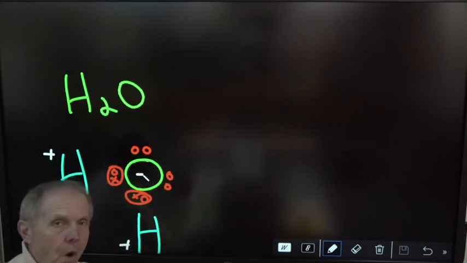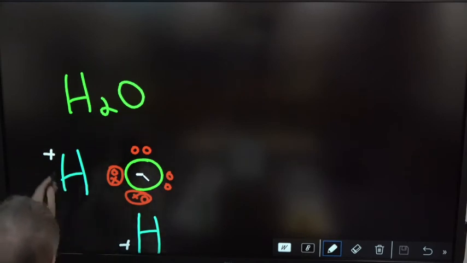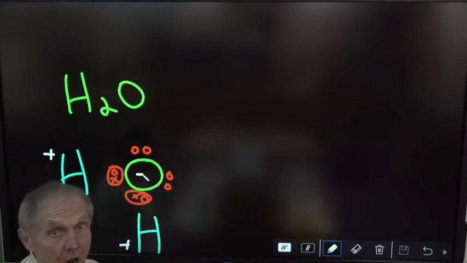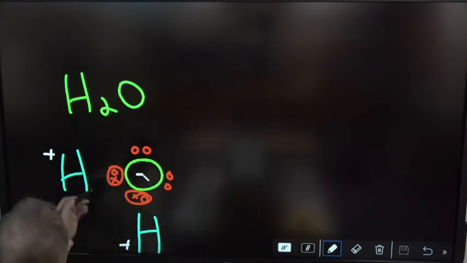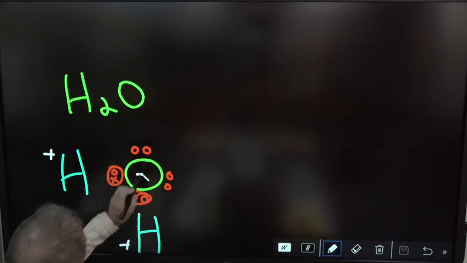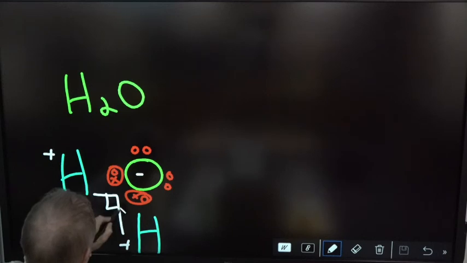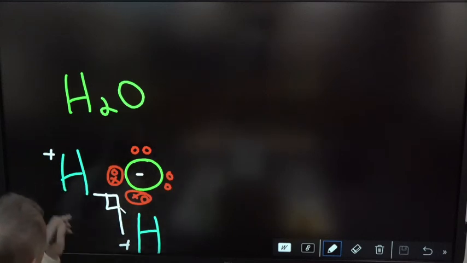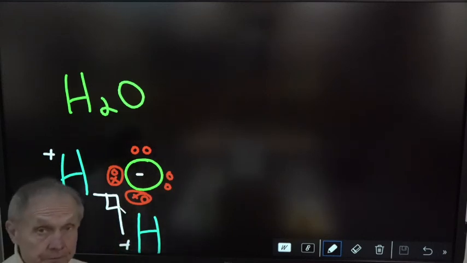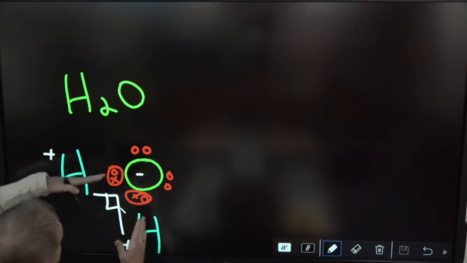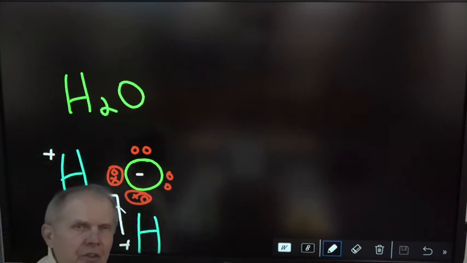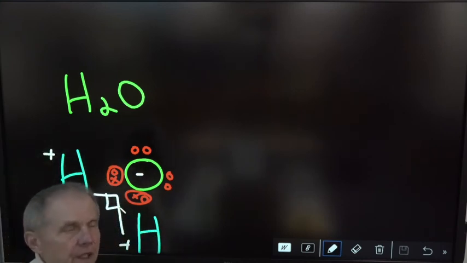But what we didn't go over is these two positives are really kind of positive because their electron is much closer to O. So instead of a 90-degree angle between these H's, the H is spread out a little bit, and it's about 102 or 103 degree angle.